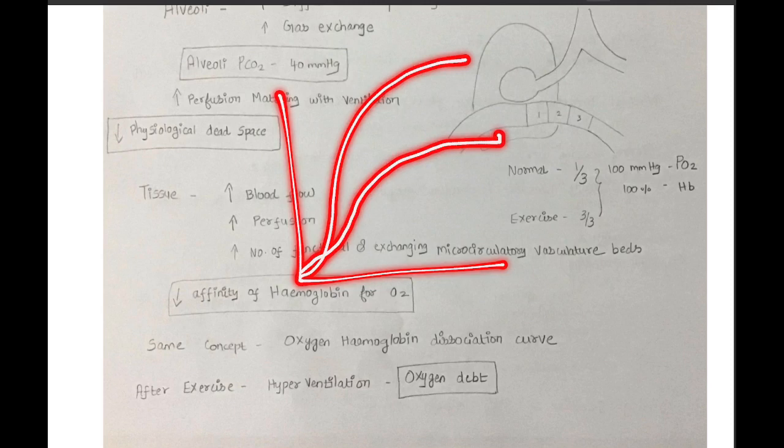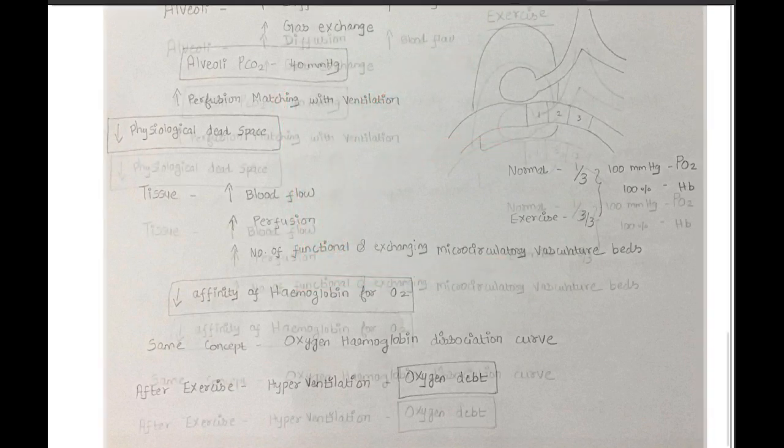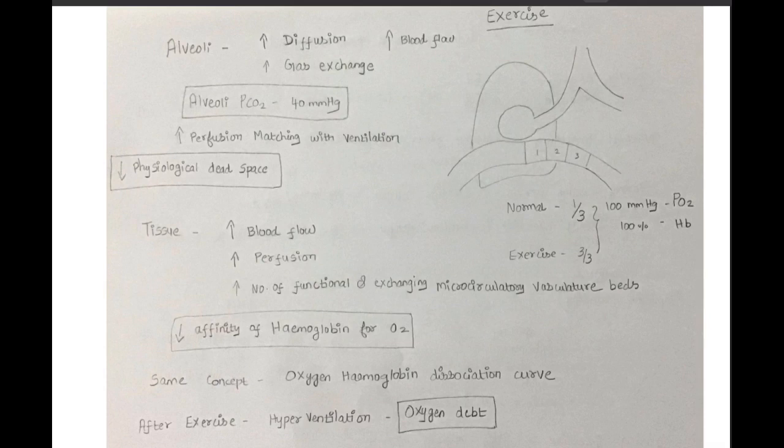But after exercise, what happens? After severe exercise, there is still hyperventilation. It is due to the oxygen debt. So what is this oxygen debt? Oxygen debt is after severe exercise, even after all these processes your tissue will need oxygen because of that severe exercise, so there will be hyperventilation to provide more oxygen.